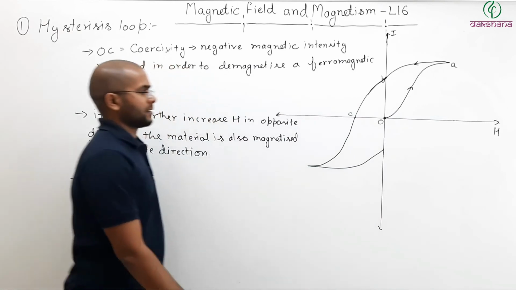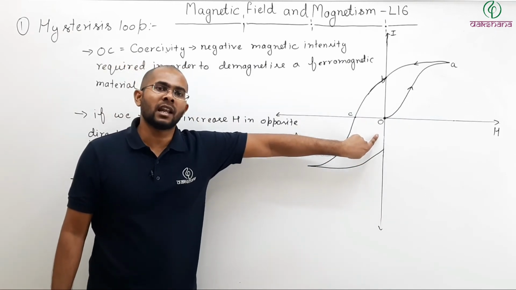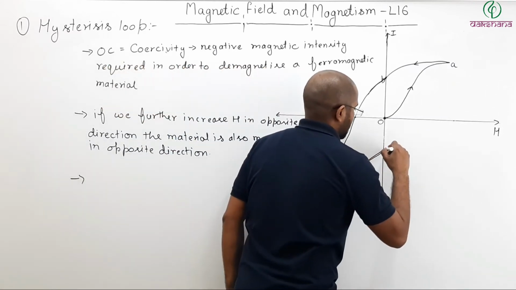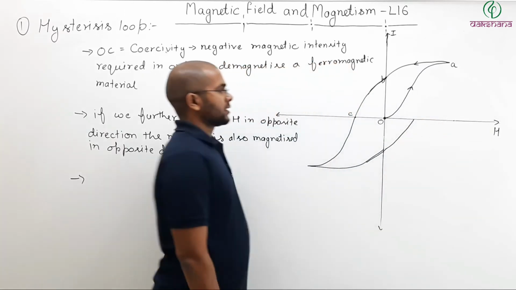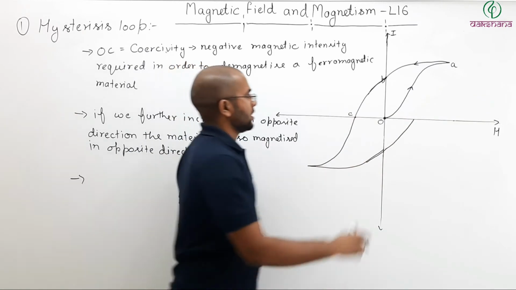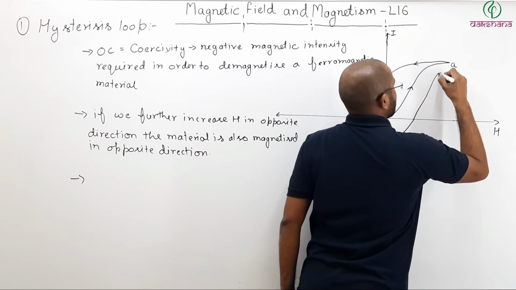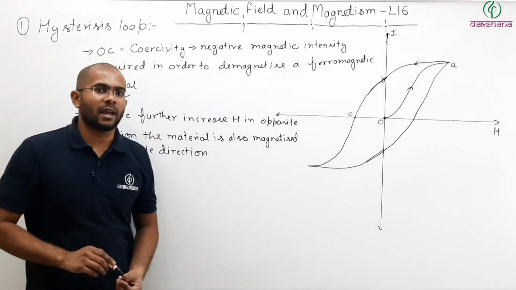Some negative magnetization will be left. And if I now start increasing in the positive direction, some positive field will be required to demagnetize it again. If you further increase, it will reach saturation like this. So what is happening here?